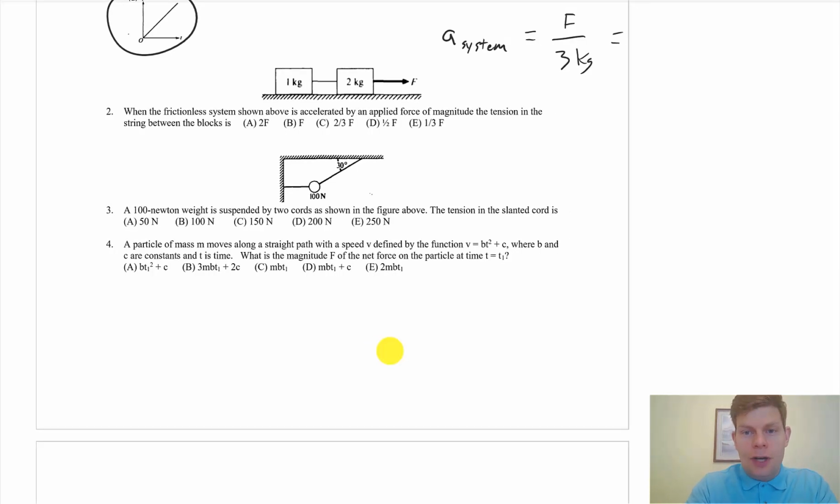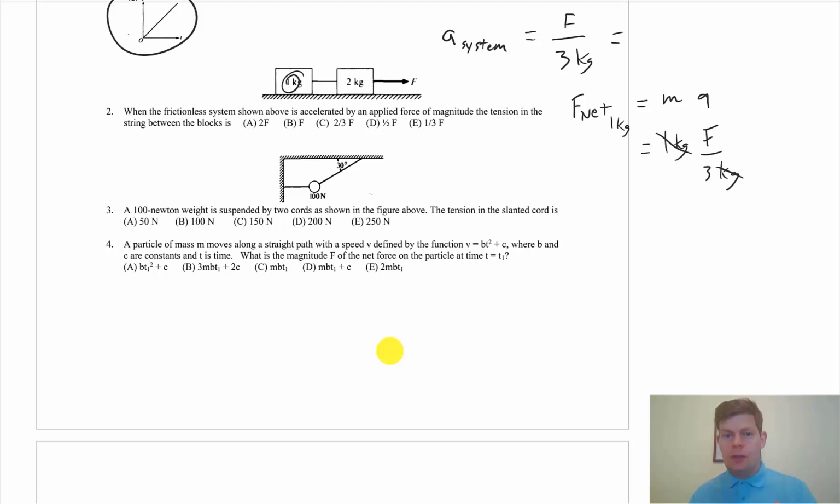And then if I want to find the f net on the 1 kilogram object, that's just going to equal m times a, which in this case is 1 kilogram times the acceleration of this block, which is the same as the acceleration of the whole thing. So it's again F over 3 kilograms. And so we can get rid of our kilograms, and it's just 1/3 the total force. So either way you want to think about it.